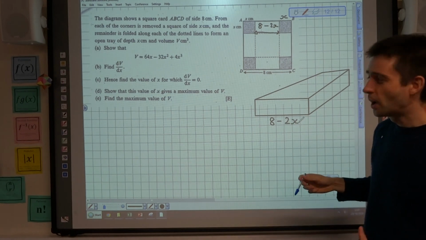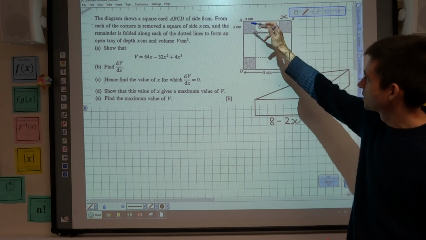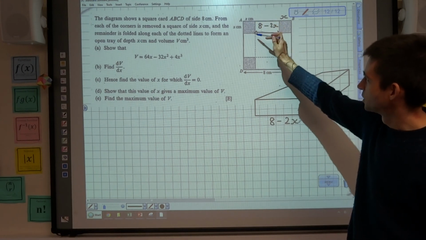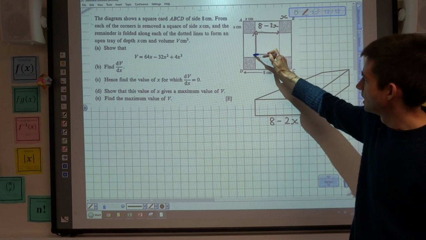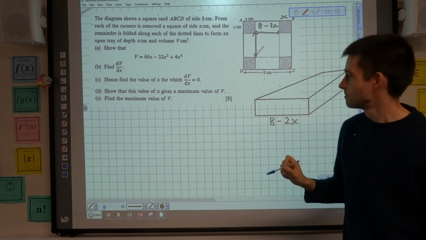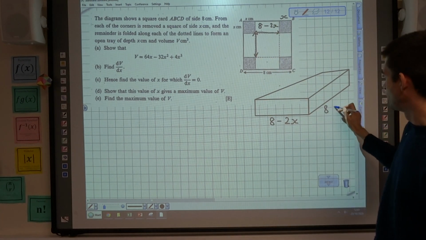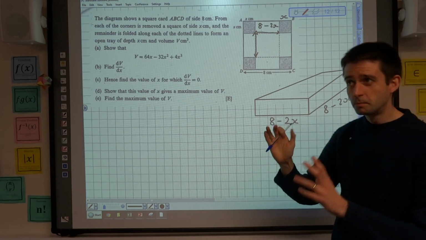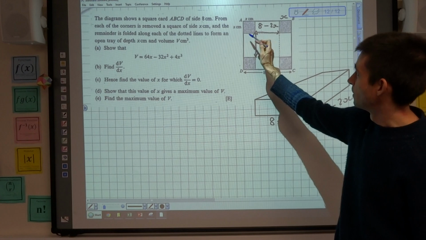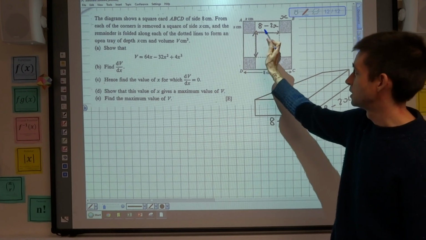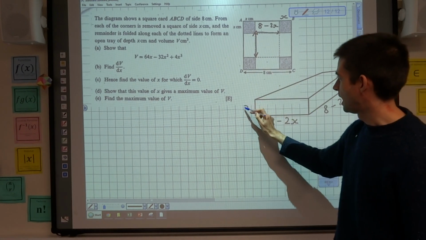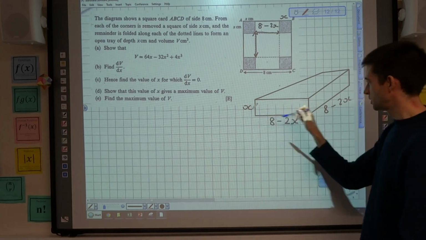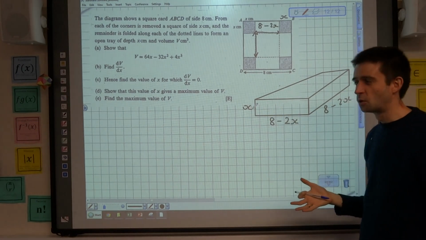We're going to end up with a square base because as well as taking x off this way, we're also taking x off this way, which means that this length here is going to be the same. So it's going to be 8 minus 2x along here as well. And then when I fold this box up, the height of that box is going to be this length here, that gets folded up, so it's going to be a length of x. So those are the dimensions of the cuboid that I'm forming.